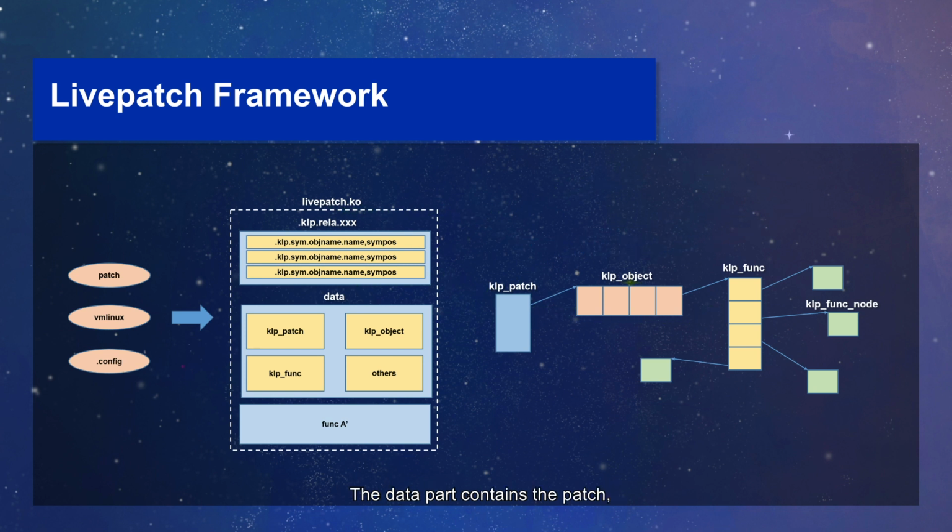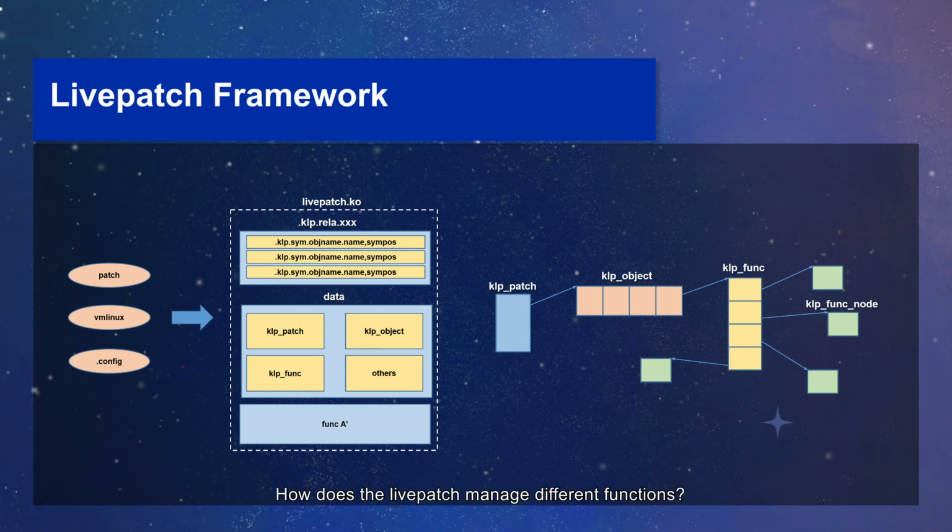The data part contains the patch, the object, and function data. The initial address of the object's KLP object array in the patch part links the patch to the object, and the initial address of the function's KLP function array links to the function part, which applies for function nodes after the Livepatch is inserted to the kernel to enable it.